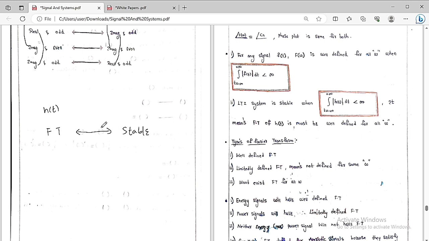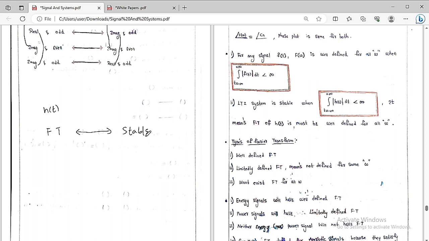So listen carefully. Suppose for an LTI system the impulse response is h(t). Suppose h(t) is absolutely integrable, or you can say h(t) is an energy signal. Then the Fourier transform is going to exist, right? If the signal is absolutely integrable, then we can say the system is also stable.